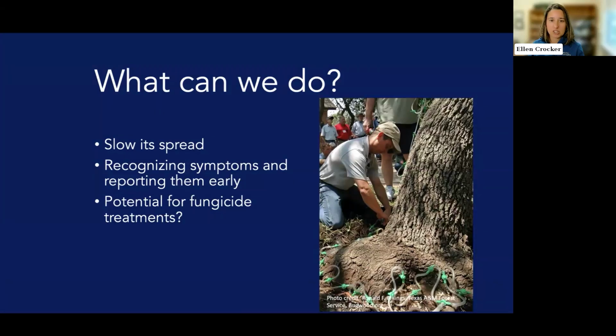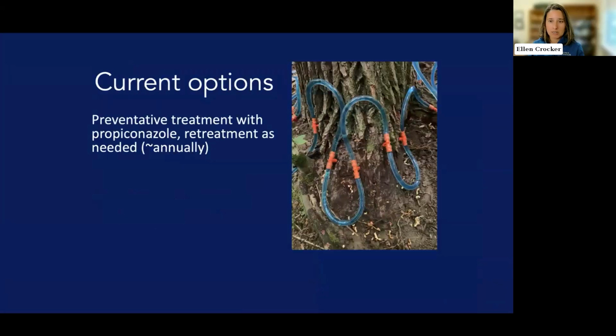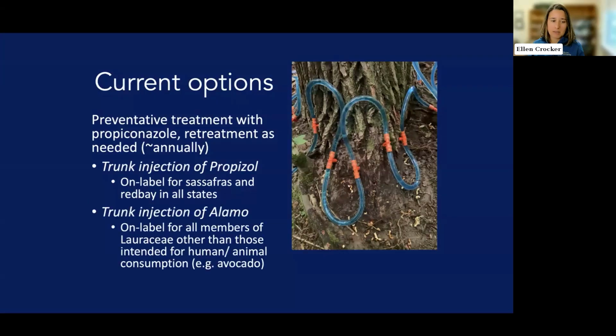And then let's talk about fungicide treatments. Currently there are treatments on label for sassafras, for laurel wilt disease. You can do a trunk injection of a couple of different fungicides, and they're fungicides because you're trying to target that fungus that's growing in the tree.